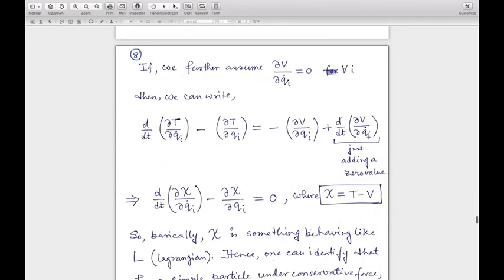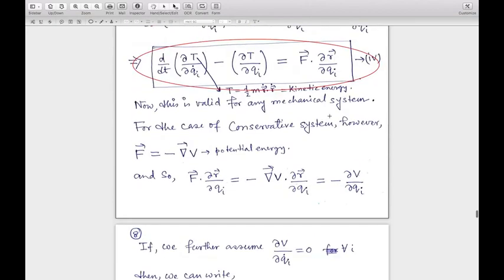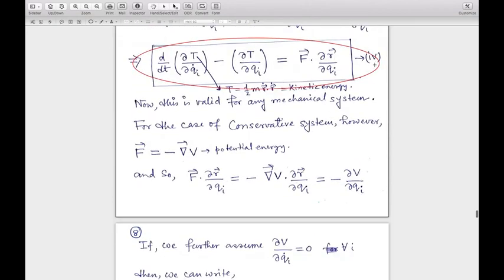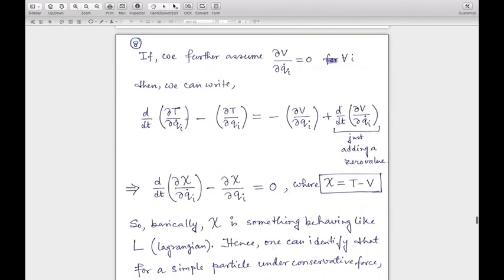Then you can write equation number 4 as: d/dt of ∂T/∂q_i dot minus ∂T/∂q_i is equal to minus ∂V/∂q_i plus a term which is 0.